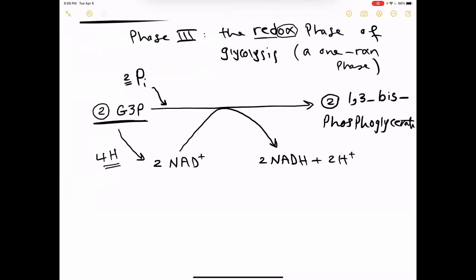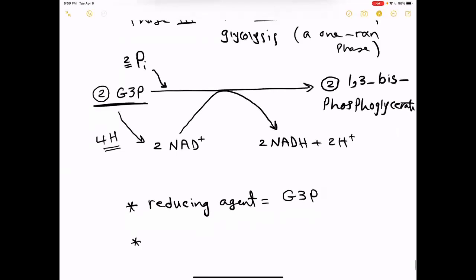But now I'm gonna bring up this term, reducing agent. In this reaction, it's glyceraldehyde 3-phosphate. And let me write the other term and then walk you through it. Oxidizing agent. It is NAD plus.